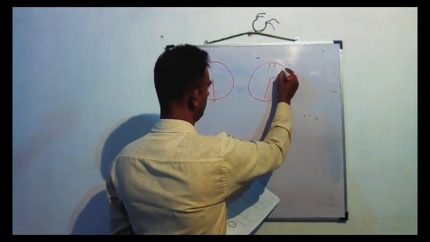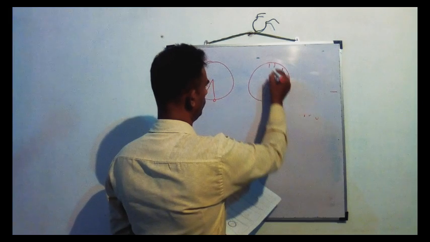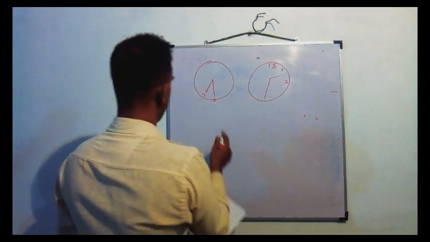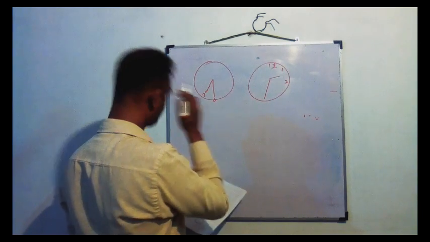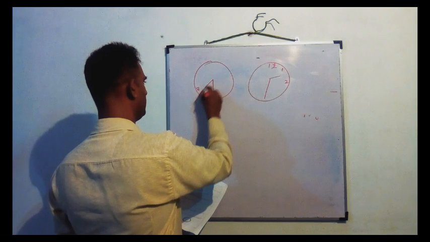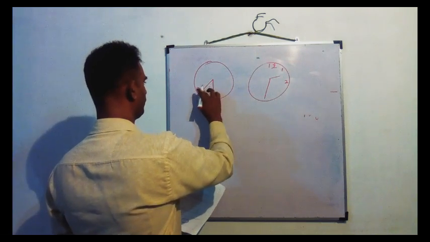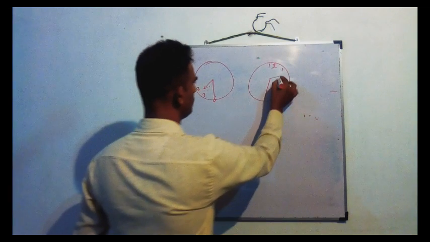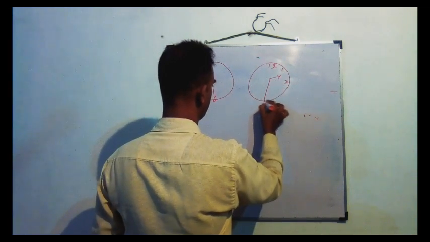This is a 1, this is a 2, 12. This is a 7, this is the 8. This is the shorter one, this is the bigger one. 6.